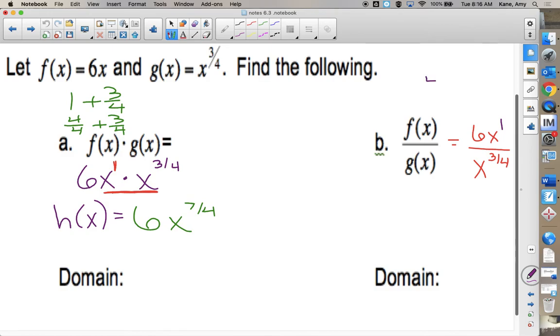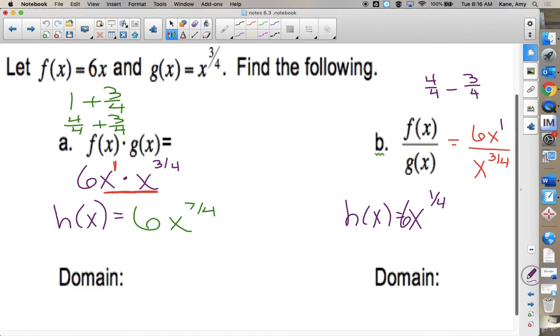So the 1 is really 4/4 minus 3/4. And Dimitri, that becomes x to the, excellent, 1/4. Our new function is 6x to the 1/4. Don't forget the 6 that's sitting in front there. So you're subtracting the exponents.